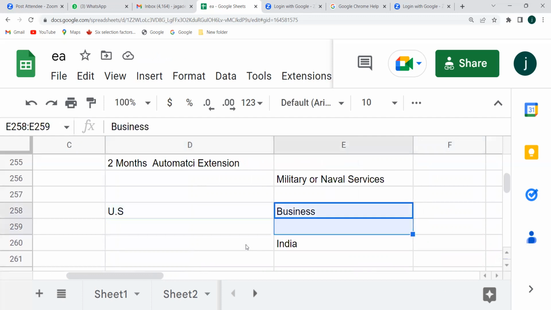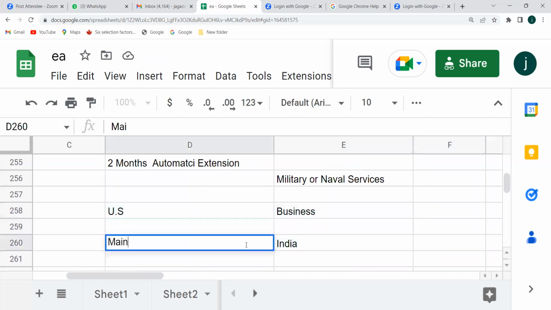In these cases, if the main place of business is outside the US, then you can get the 2 months extension.